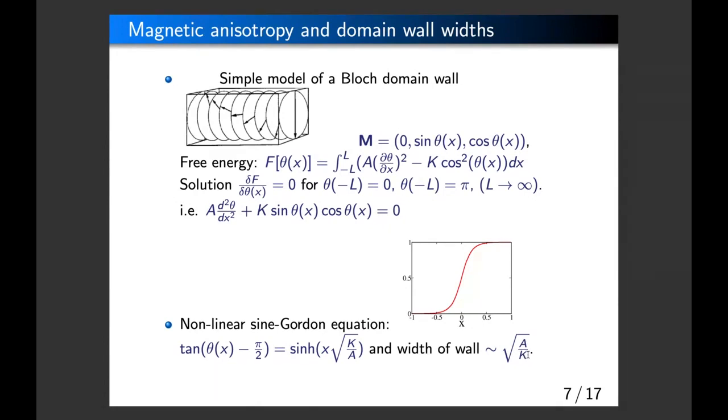So one can learn from that relatively simplified model that spin orbit coupling generated anisotropy is determining how thick or thin a domain wall is. The stronger the anisotropy, the narrower the domain walls are.